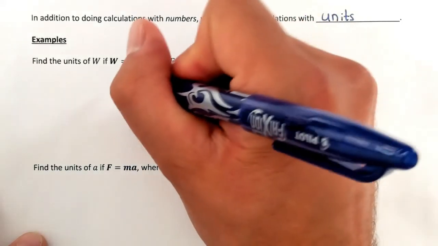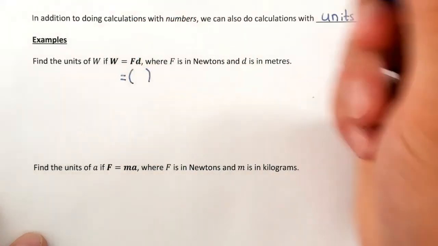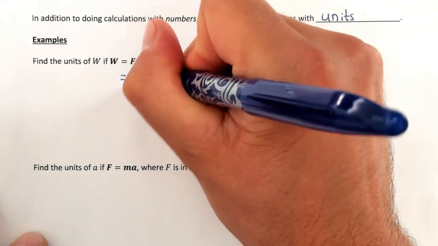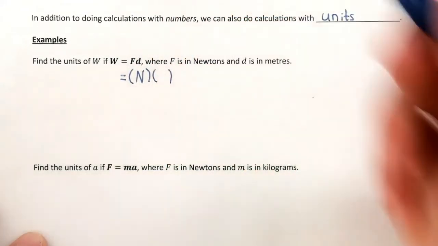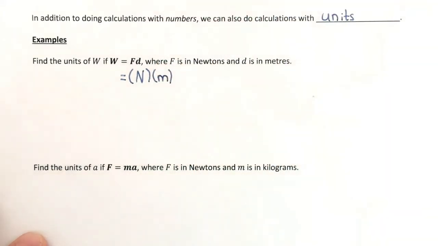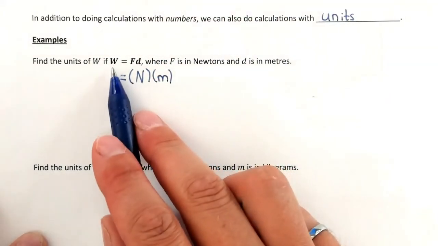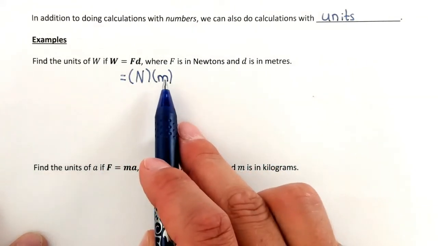So the units of force are newtons. The units of distance are meters. So to get the units for work, I'm going to take newtons and multiply them by meters.